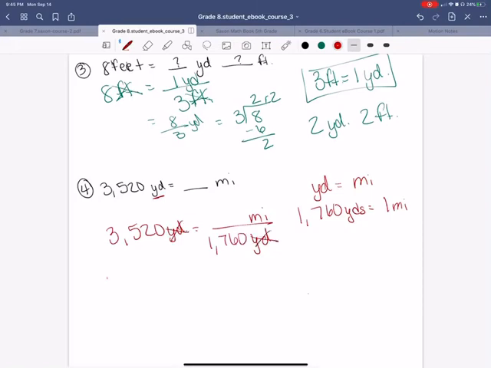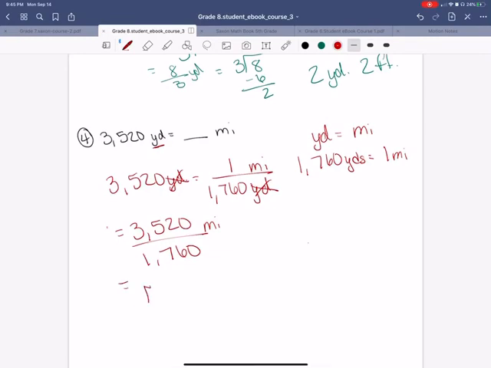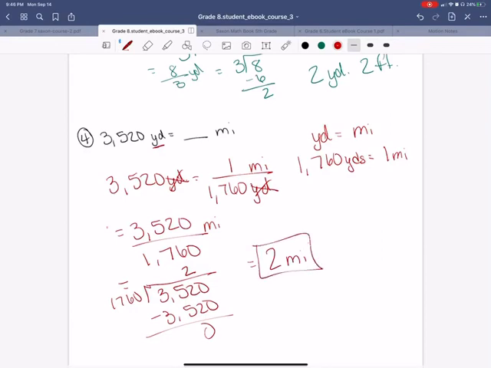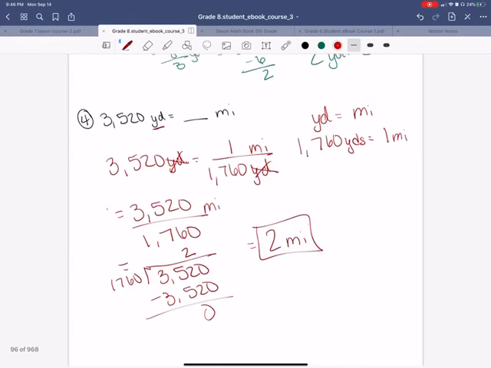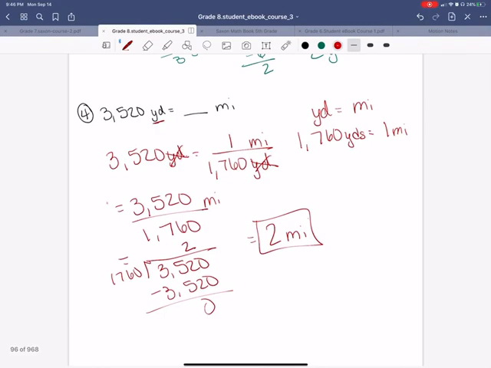My yards are going to cancel out, and then I'm left with 3,520 over 1,760, and we're going to end in miles. If I divide those, I am going to get 2. So that leaves me with exactly what I need. My answer is 2 miles. And that is answer number 4.